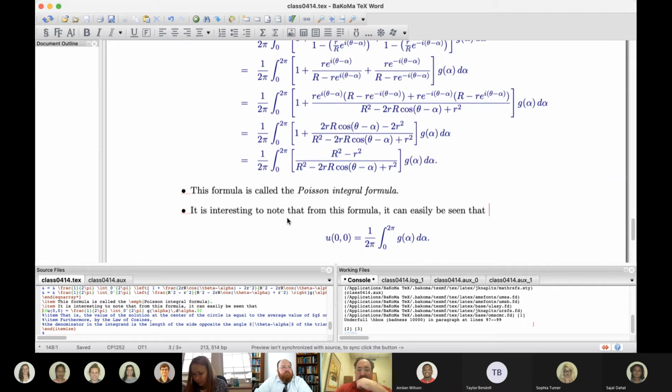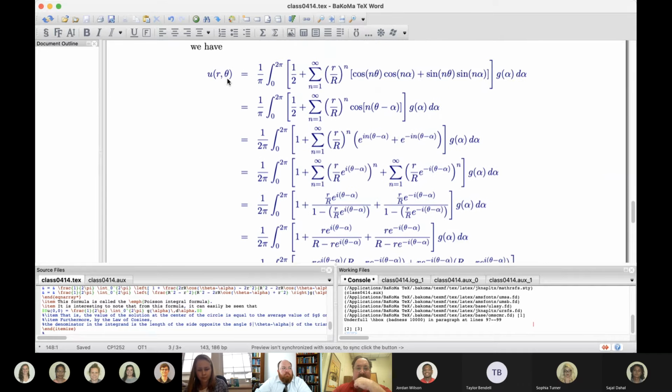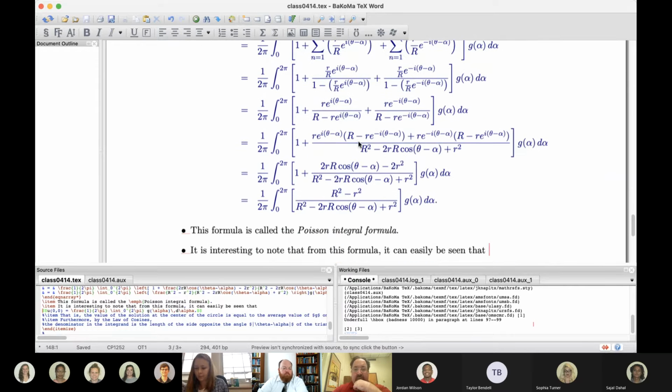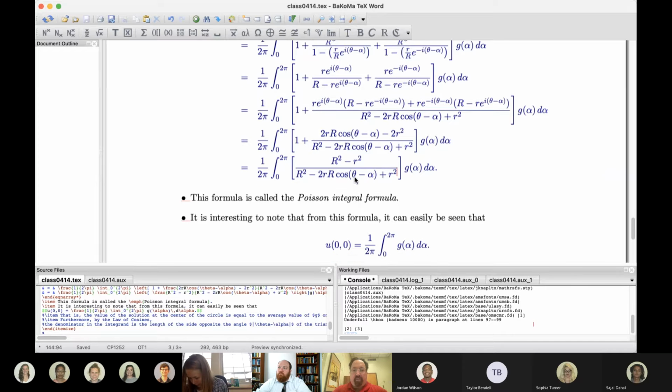Now, what's interesting is if I take this integral formula, and I'm evaluating this at (r, theta) in polar coordinates. If I plug in 0 for both little r and theta, all these terms will go away, and I have R squared over R squared, so that cancels, and I have 1. So all that's left is this.